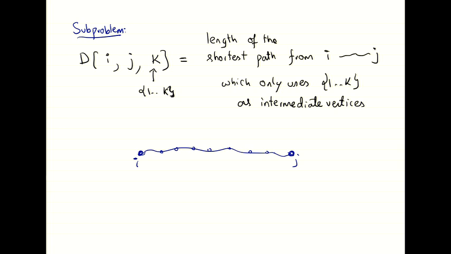Just for example, what is d_ij0? It's the length of the shortest path from i to j that uses only intermediate vertices from 1 through 0, which is the empty set. So this is the length of the shortest path with no intermediate vertices.